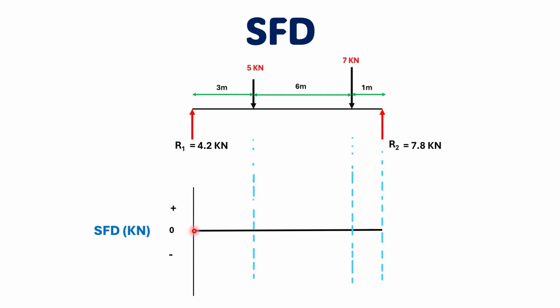So I will move from this 0 up to 4.2 kilonewton, drawing a line. Here you can see I am drawing this line up to 4.2 kilonewton. Now see this free body diagram: from this point to this point we have no force, which means we move straight horizontally, a constant zero-degree line.